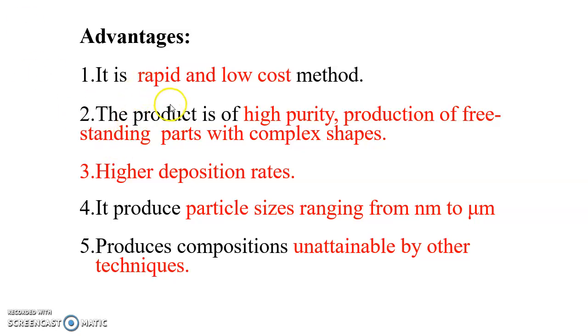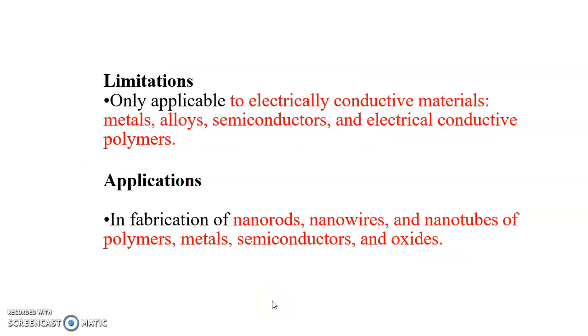The advantage is that it's very rapid and low cost, and the product is of high purity. Production of freestanding parts with complex shapes is achieved, high deposition rates could also be achieved, and it produces particle sizes ranging from nanometer to micrometer. It also produces compositions which could not be attained by any other technique.